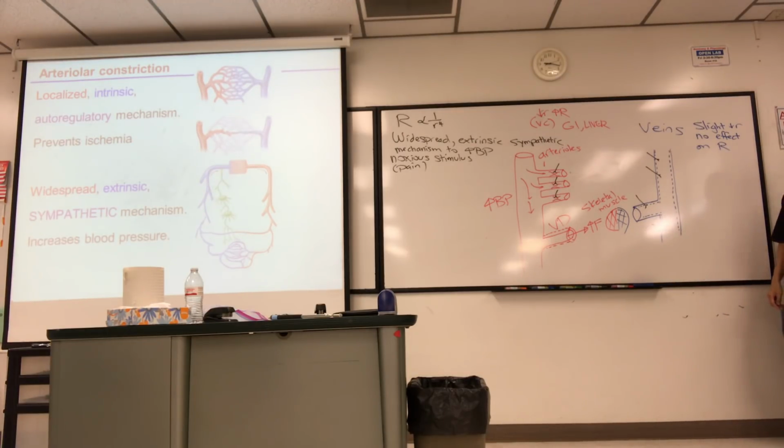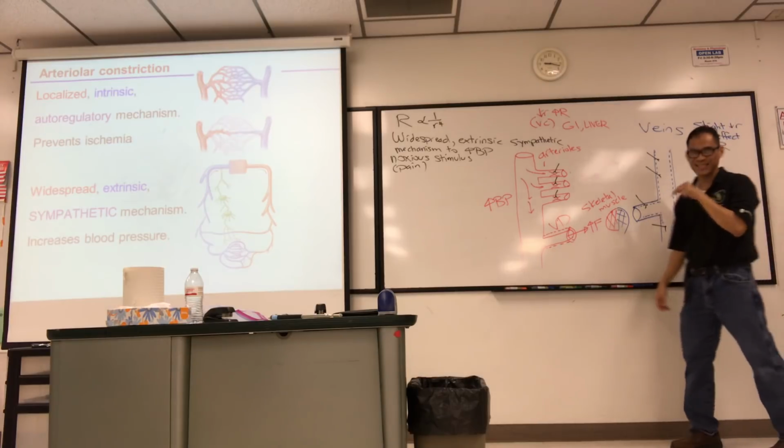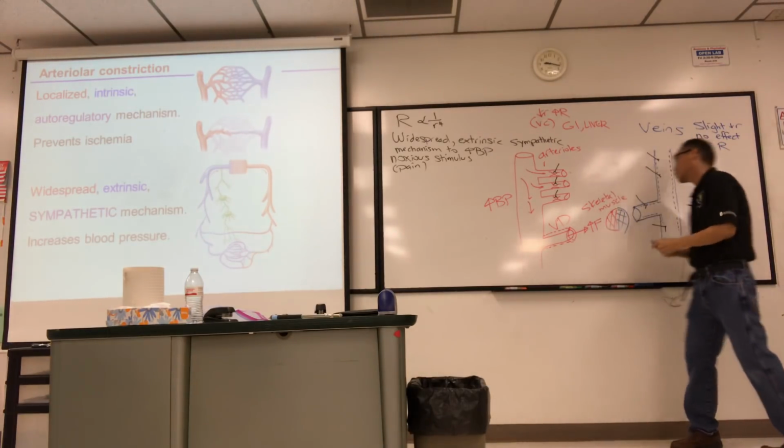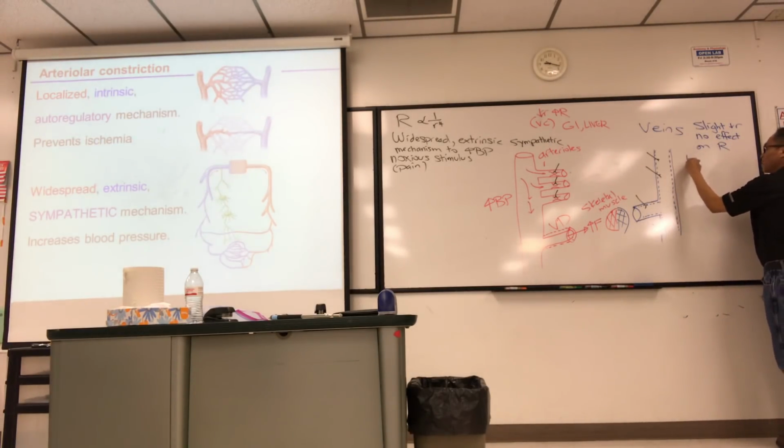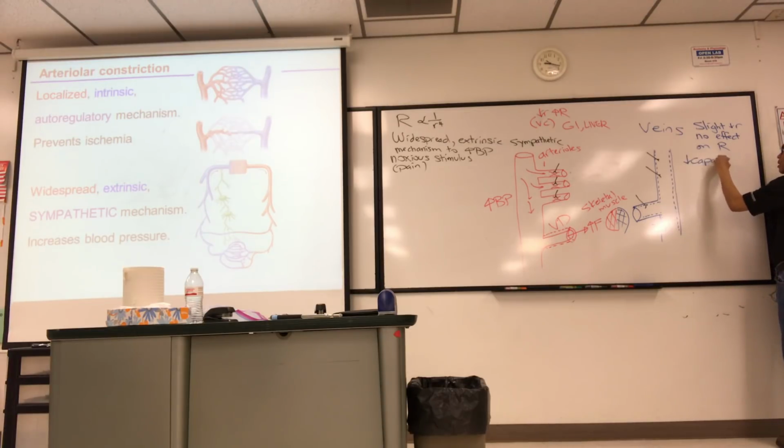What you do is you're more affecting the capacitance. Decrease capacitance. So I'll use a C for capacitance. And when you do that, you're shrinking the whole container. You're really increasing the venous pressures.